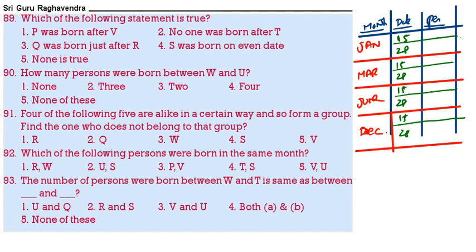The persons' names are Q, R, W, P, V, U, S, T.